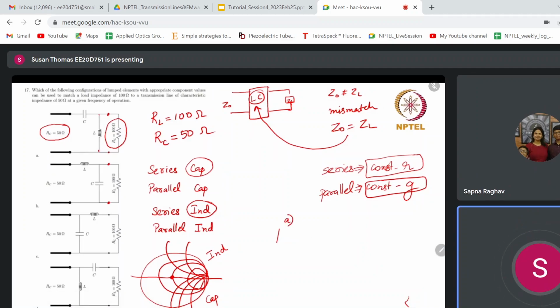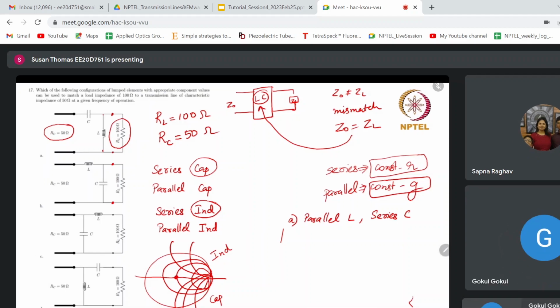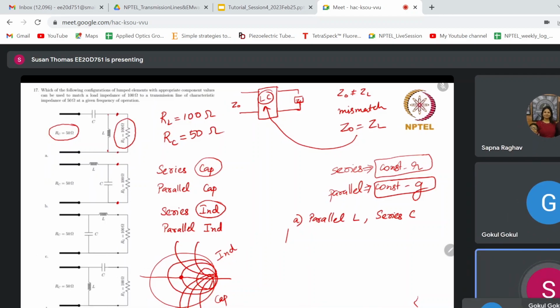so in option A, what happens to the load? You add a parallel inductor, then series capacitance. Now how does it move? Parallel inductor means it moves along the constant G circle towards the upper half of the Smith chart.